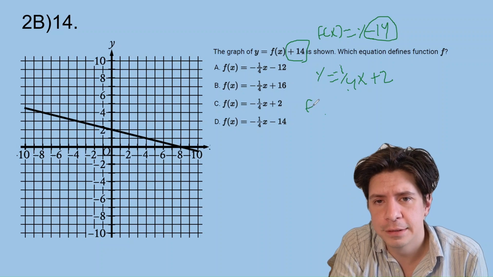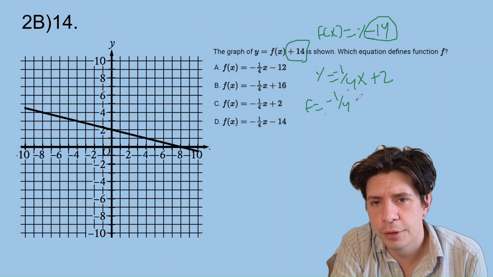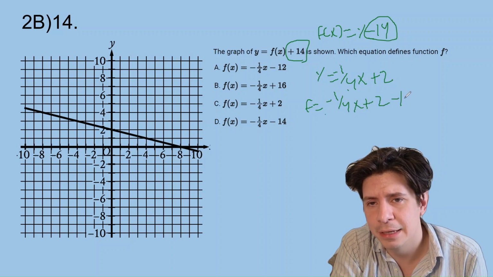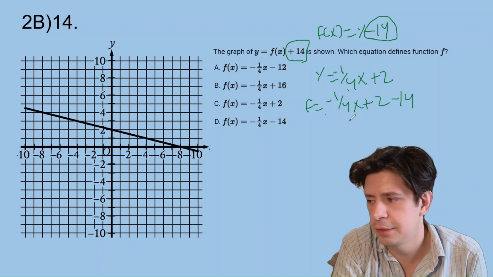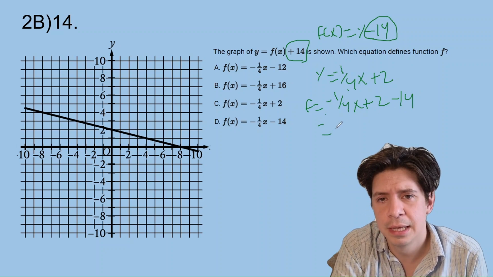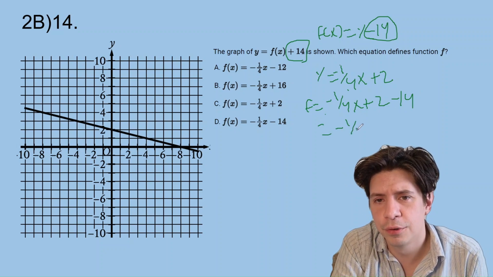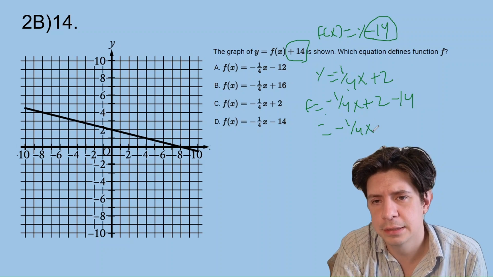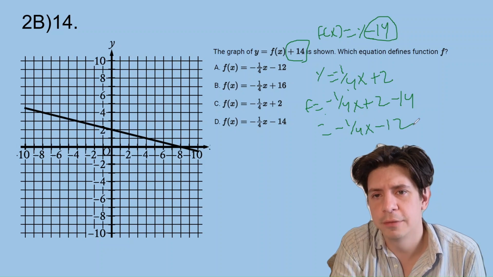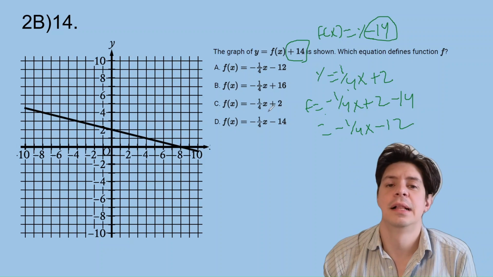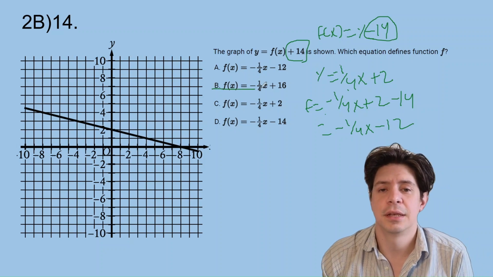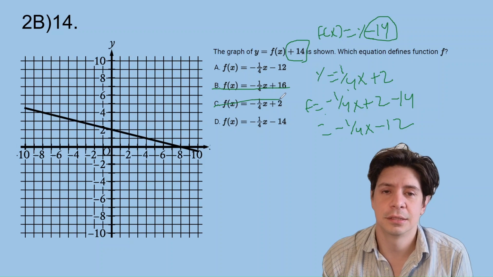And then f is going to be negative 1 quarter x plus 2 minus 14. So that equals, what does that get us? Negative 1 quarter x minus 12. And if we look at our answer choices, right, not B, not C, not D, it is A.